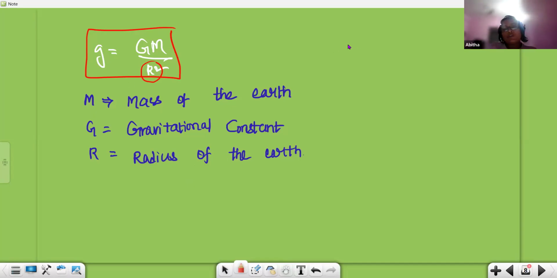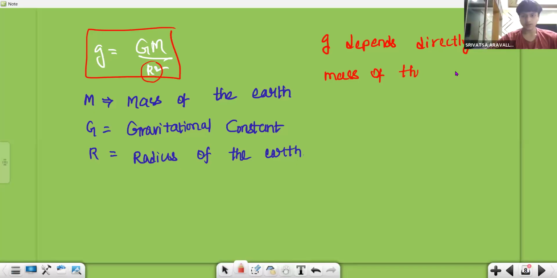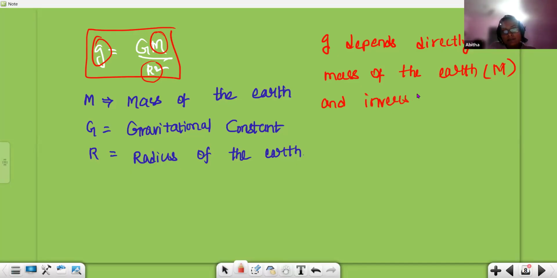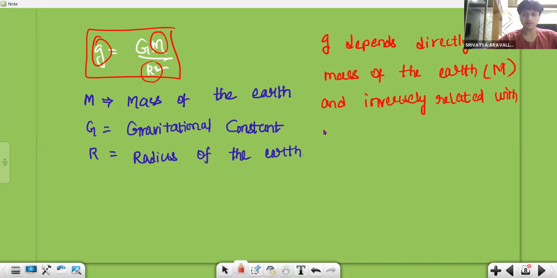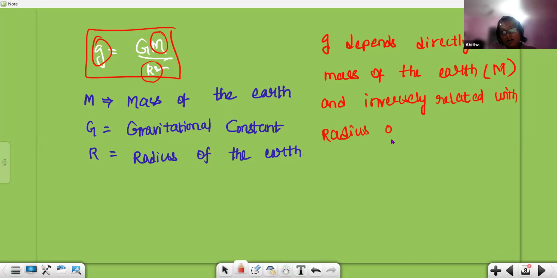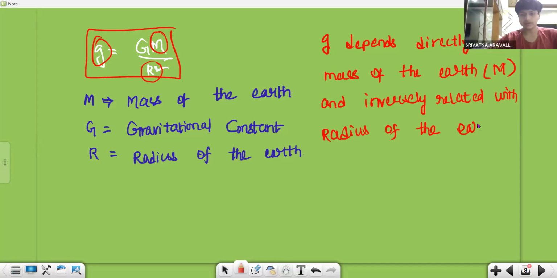So I can write that g depends directly on the mass of the Earth, which is capital M, and is inversely related to the radius of the Earth. Clear so far?